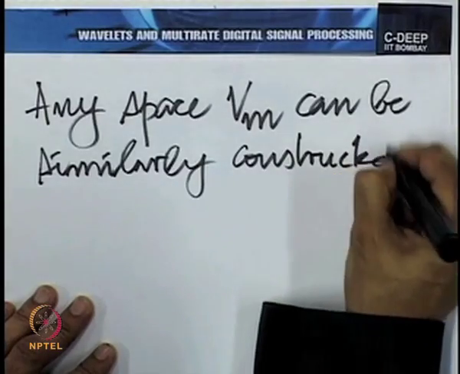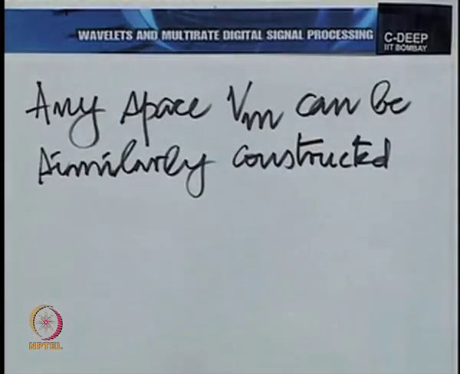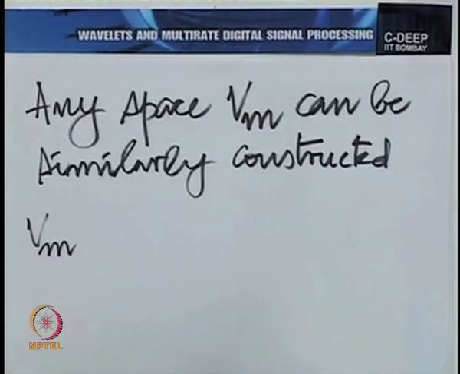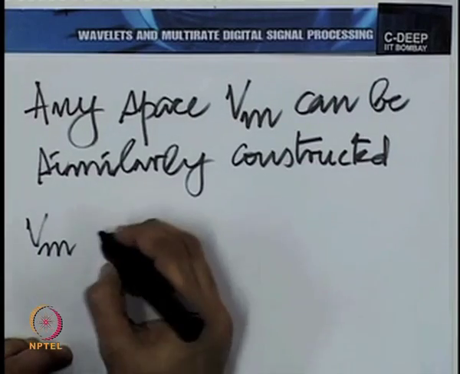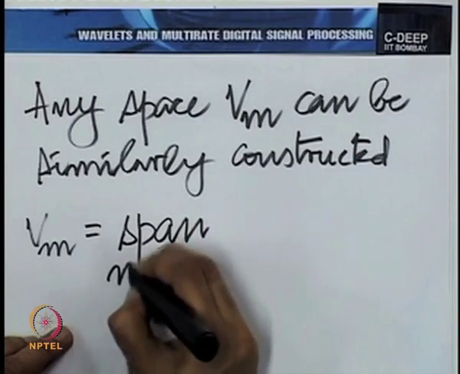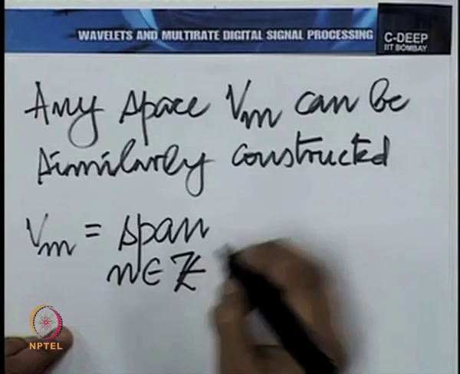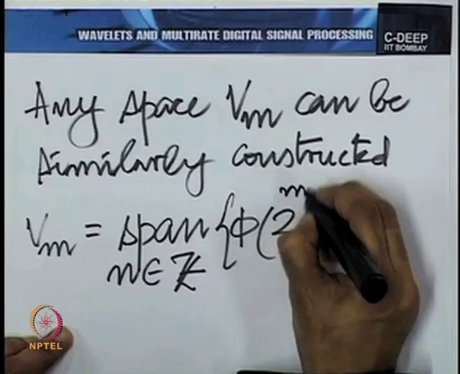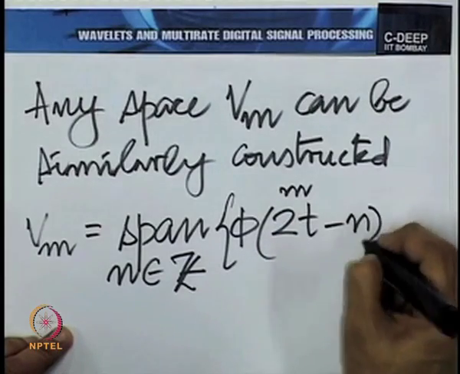In fact, we can be more precise. We can write down V m is essentially the span over all n belonging to Z of phi of 2 raised to the power of m t minus n.